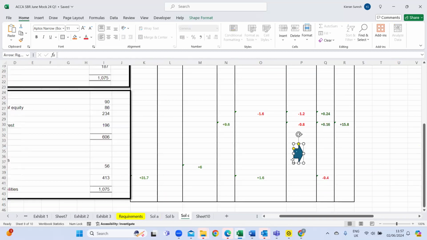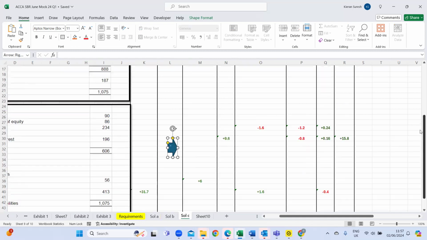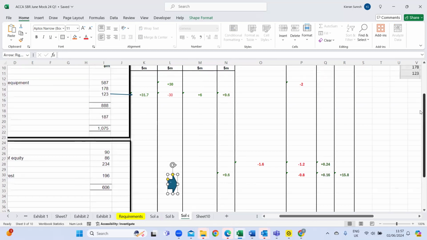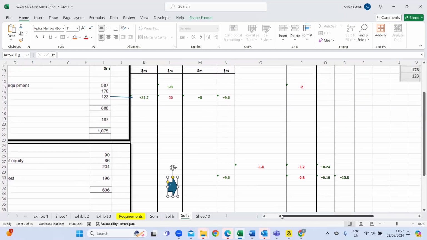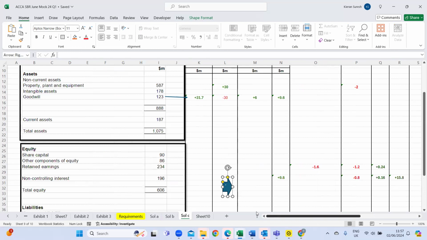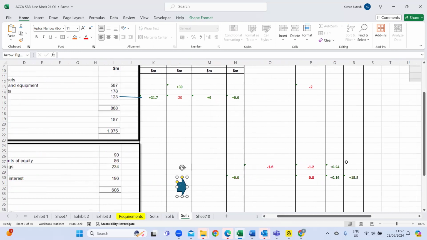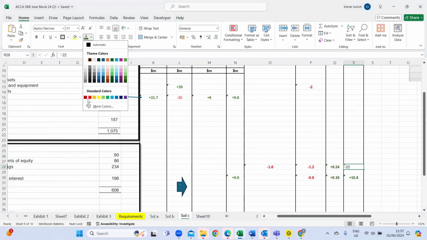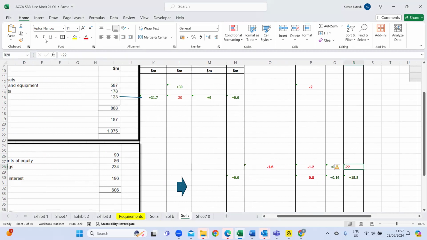That was wrong. Within this retained profit, the 22 million needs to be taken out from there, because that was incorrectly done. So we have done the correct adjustment. We removed it. It shouldn't be there.